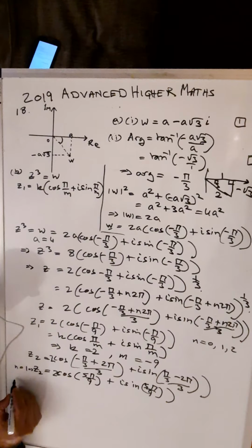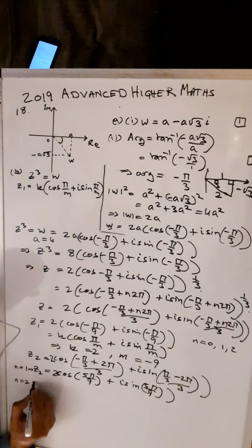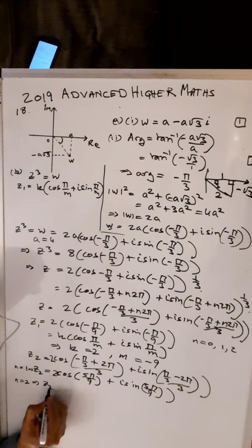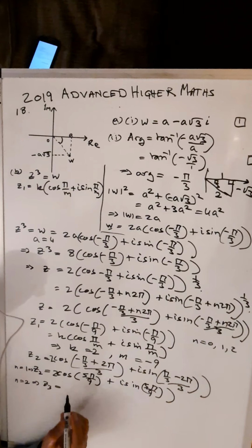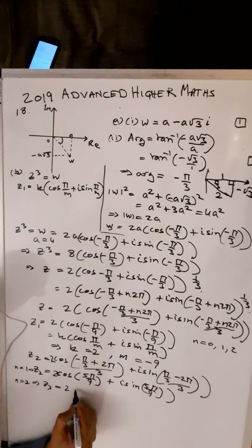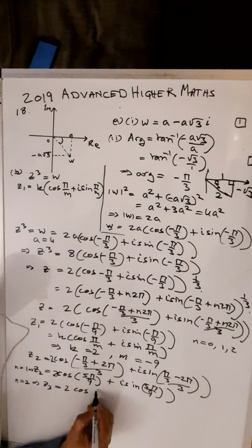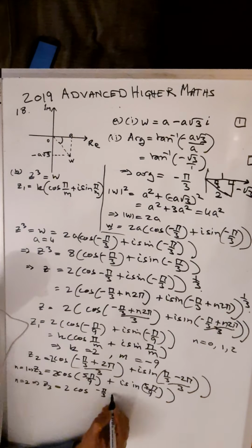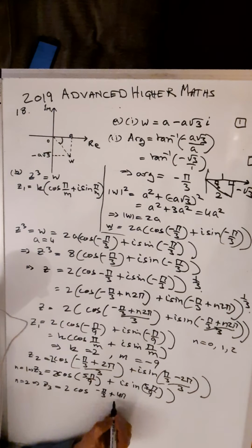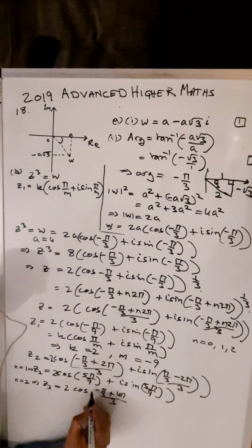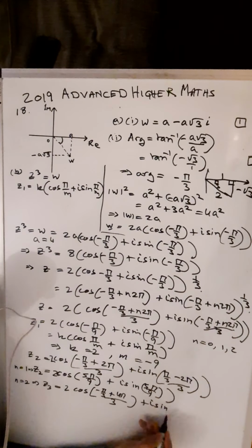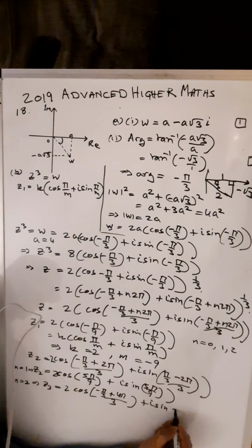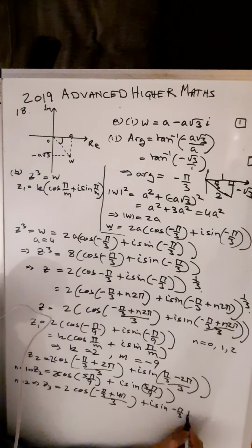Z2 is that. When n is equal to 2, that implies Z3 is equal to, so that n is 2, so this becomes 4 pi. So that is 2 cos minus pi by 3 plus 4 pi over 3 plus i sine minus pi by 3 plus 4 pi all over 3.